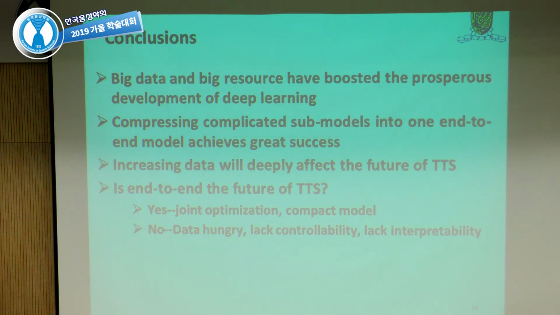It's a yes and no question. Obviously, yes, we can have better performance by joint optimization, but this also means we need to provide much more data, and the model lacks controllability and interpretability.